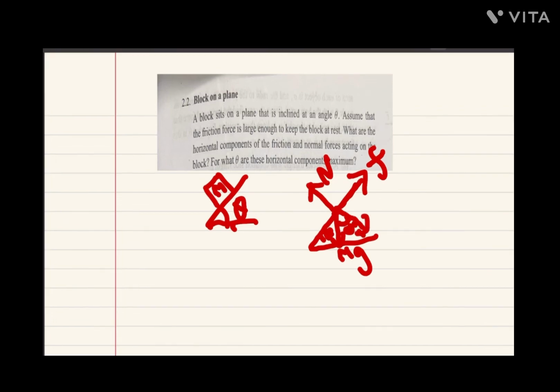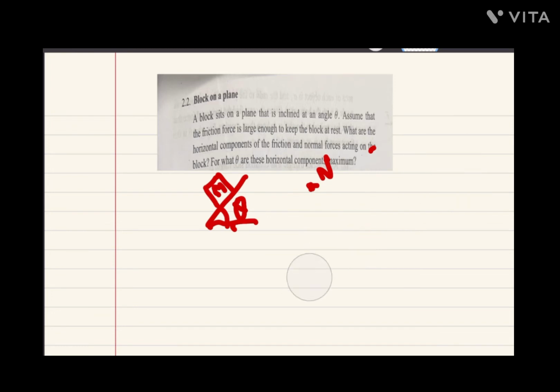So if we resolve it in that direction, we get mg cos theta. And if we resolve another force in the direction of the friction force, it will come out as mg sin theta in the direction of the inclined plane.